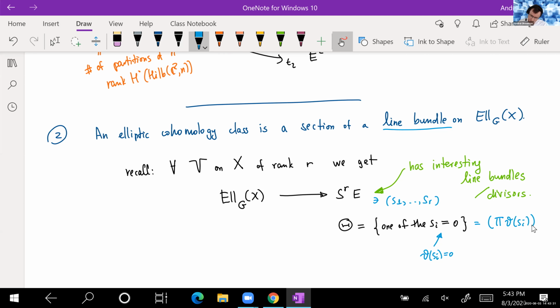And now you notice that this gives a kind of map from V. It's clear that if you pull it back here, you're going to get a class which we denote theta of V. This is a line bundle.